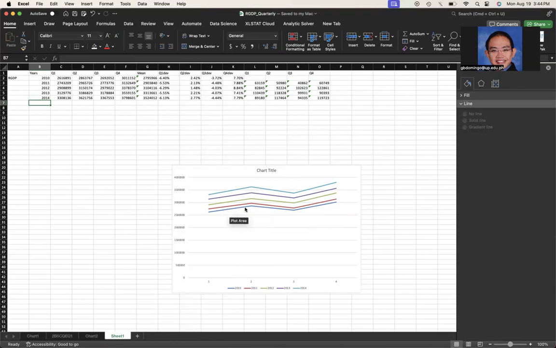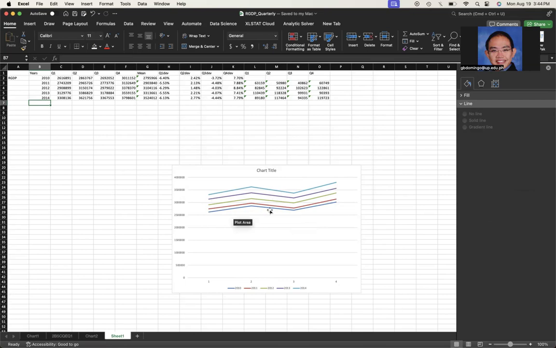At each point, quarterly GDP is always less than the next year's quarterly GDP, in green, and then the highest one is the 2014 one. So there's no overlap, because GDP is growing over time for all quarters. So you can calculate a quarter-on-quarter growth rate.